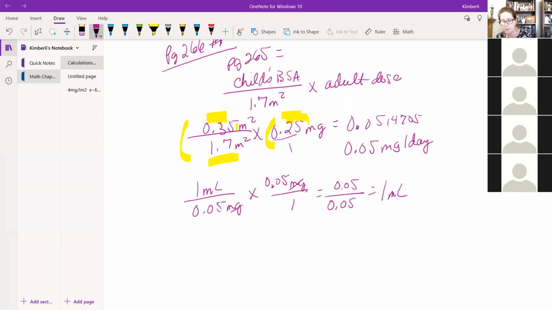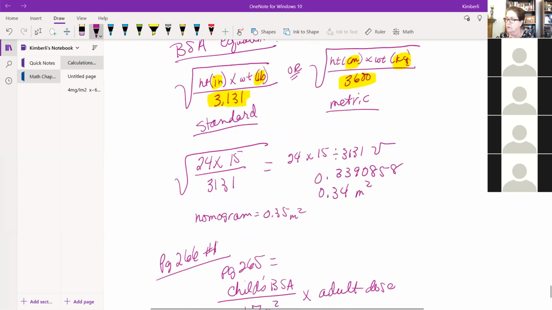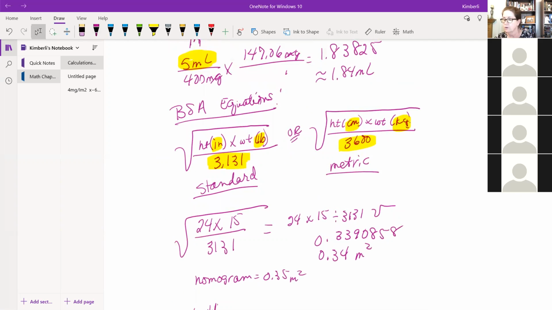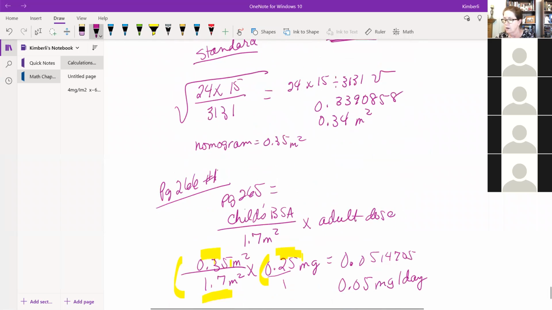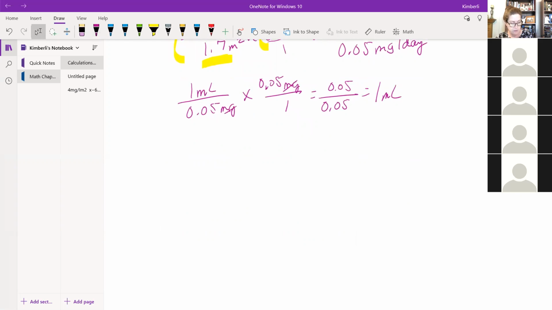Now, some of these problems, like number 4, give you normal height for weight. Number 3 gives you kilograms and centimeters. So if you were going to use a calculation for number 3, you would need to use the metric formula, right? Okay. If you wanted to use a nomogram, you're going to be looking at centimeters and then kilograms from left to right.